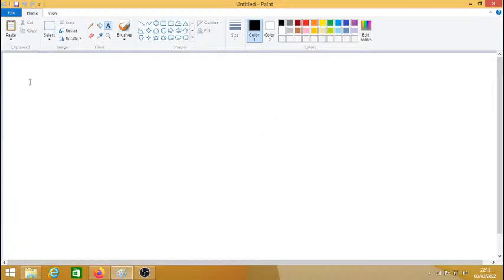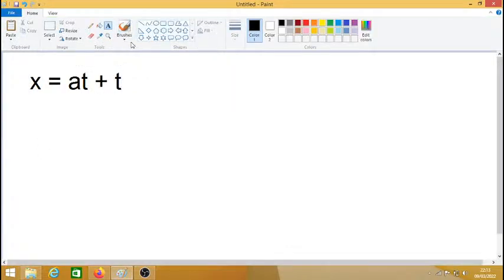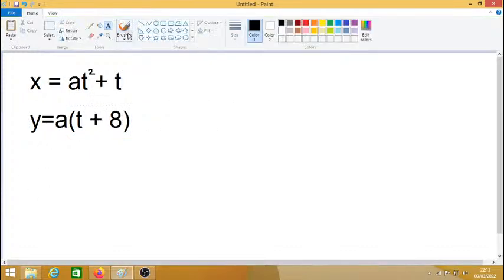The equations are x equals at squared plus t, where a is the unknown constant, and that's what you're going to have to find out. For the other equation, y is equal to a times t cubed plus 8, and again, a is the missing constant.